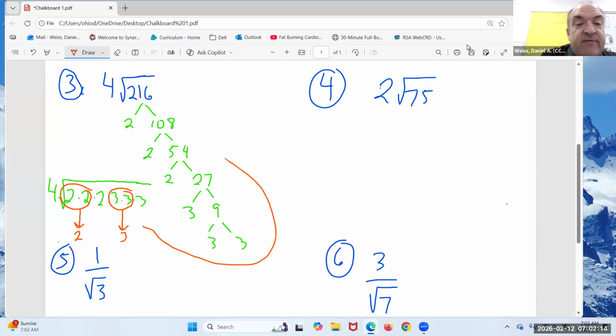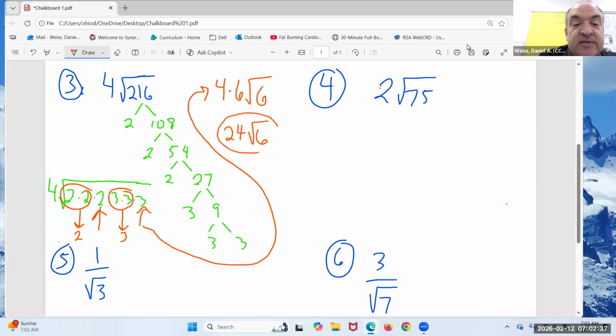We now have 4 times 6. And what's left in the square root? This 2 and this 3, which is square root of 6. What's 4 times 6? 24. So you have 24 square root of 6. That is your simplified answer.